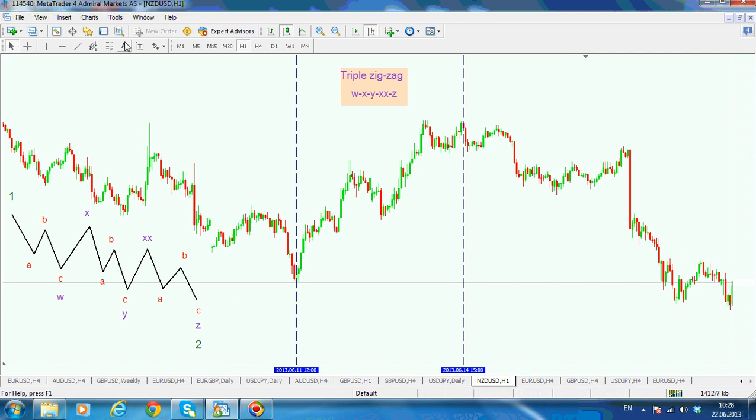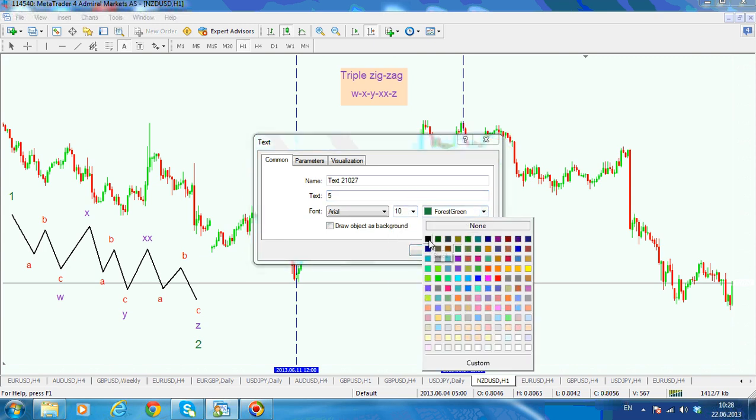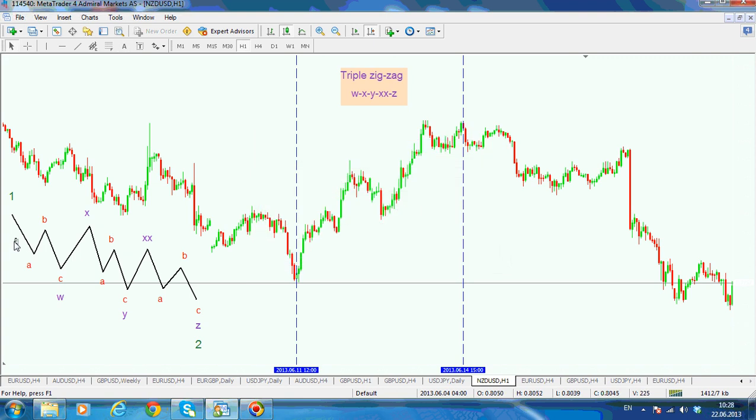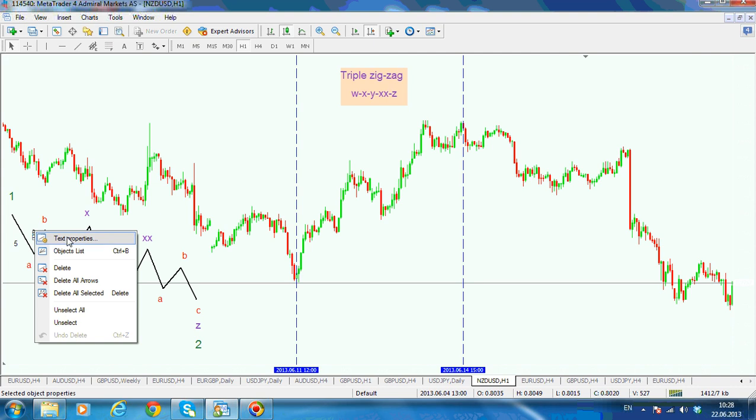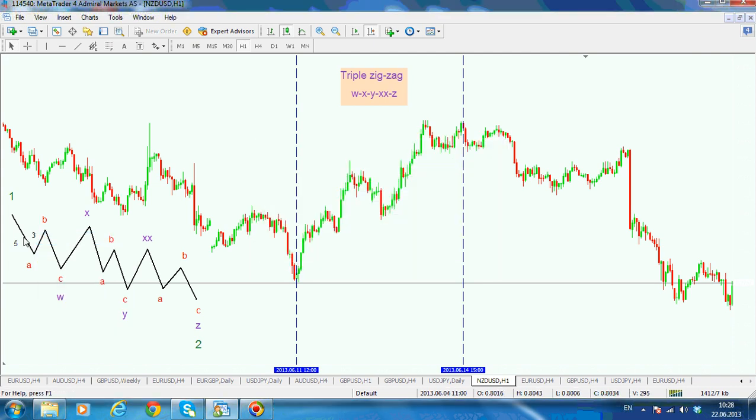Now all these zigzags, so the 1, 2, 3 zigzags, they should come in the normal form of a zigzag, and they should respect the rules of a zigzag. If you don't know what I'm talking about, go to the zigzag chapter where I treated the zigzags. This should be a 5 wave move, then a 3 wave correction that should not exceed 61.8% of the previous wave.